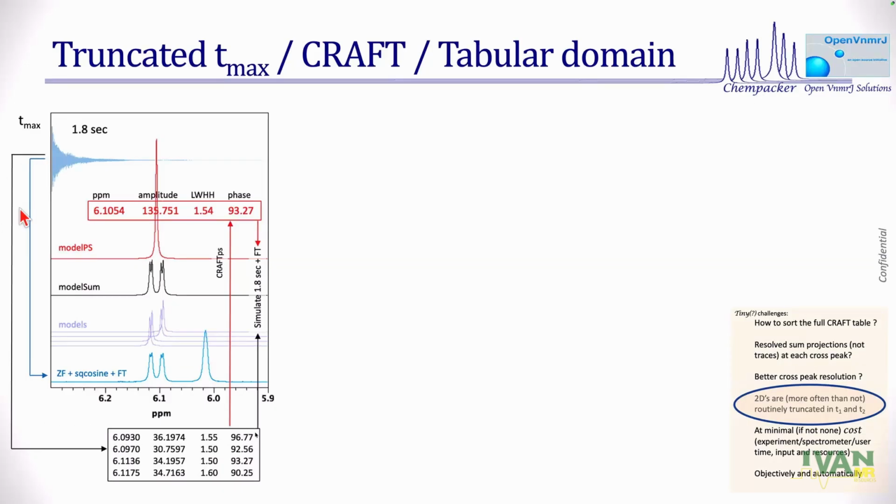And then once I have that, I can simulate all these from the table. I can calculate CRAFTps from the table and all that. As far as FT is concerned, I just take that, zero fill if I want, squared cosine window, and Fourier transform, or whatever, right?